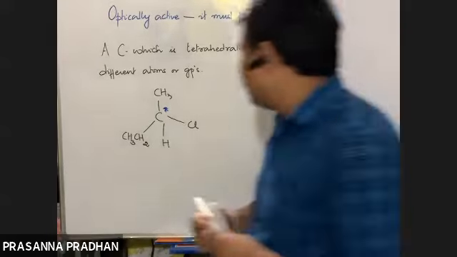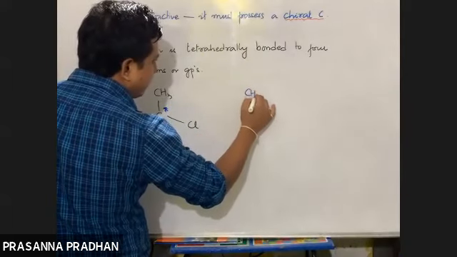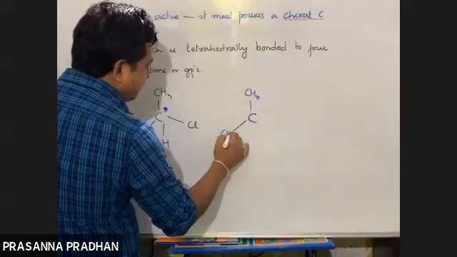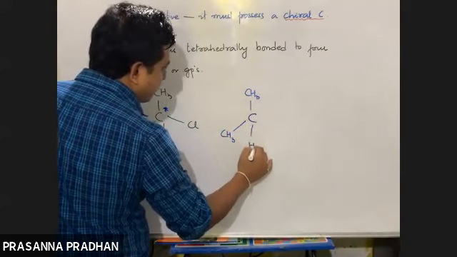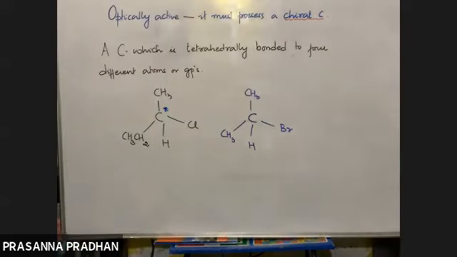Now consider a carbon with CH3, one more CH3, one hydrogen and one bromine. Is this molecule optically active? We have to see whether there is a chiral carbon or not.